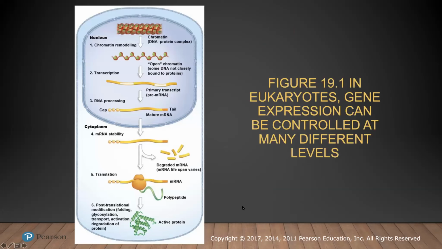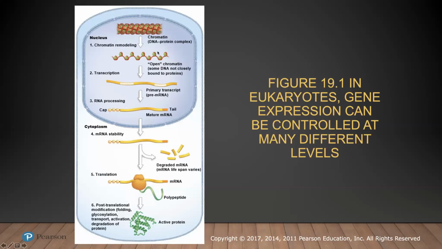All right, so this slide here is just an overview, again, of the process of going from DNA to forming our active protein. The difference between this image and the one I showed you guys on Wednesday is that we're starting to put in now some of these control mechanisms, right?